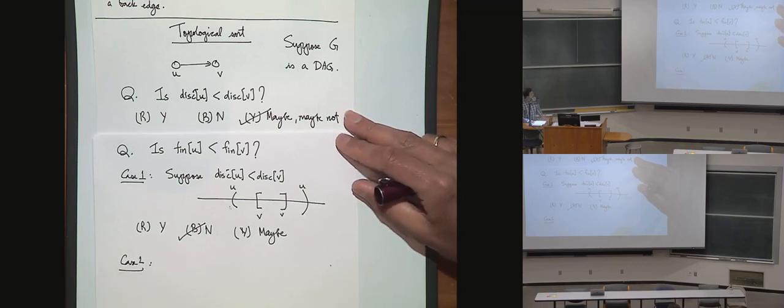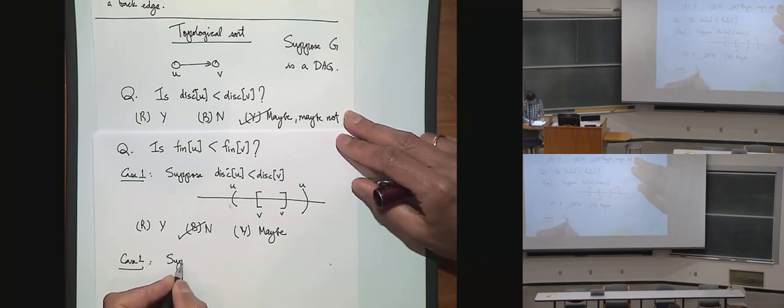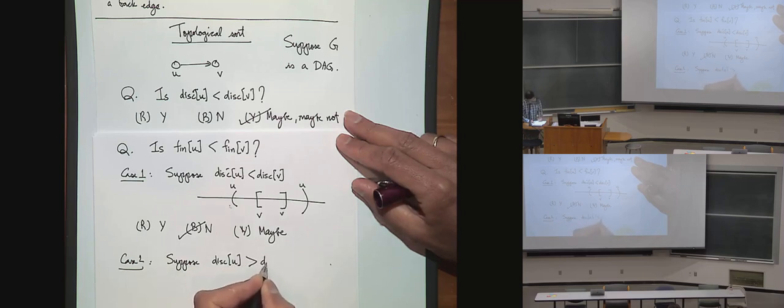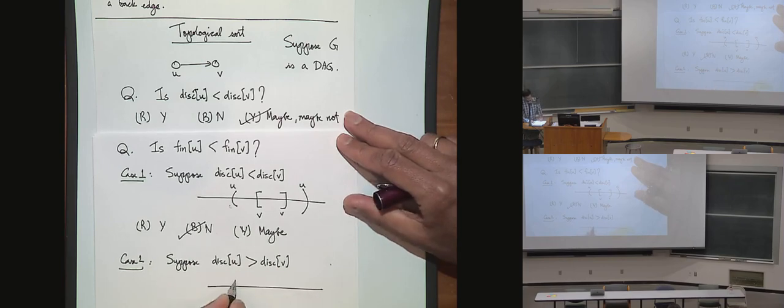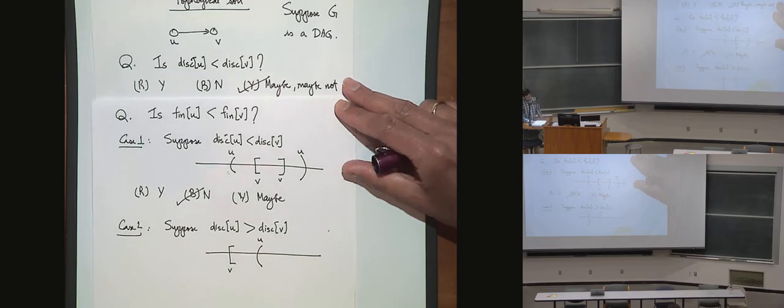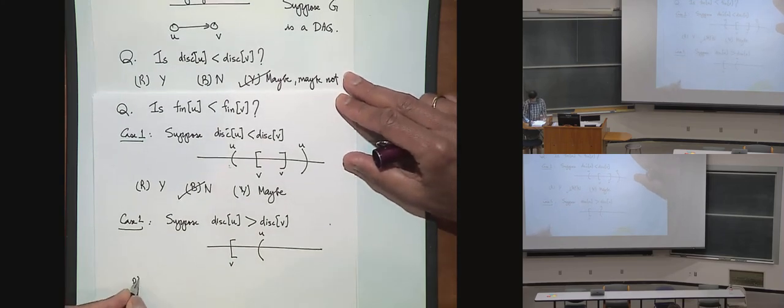Now case two, suppose the discovery of U was after the discovery of V. So the situation you have is that's V and this is U. Now is it yes, no, maybe?